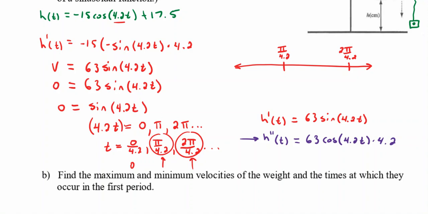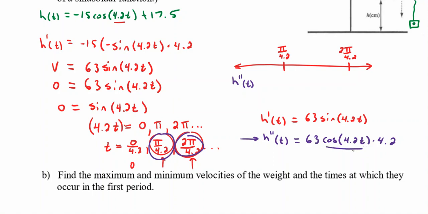So I'm going to throw these critical values into my second derivative. We'll write h double prime of t for these points. At pi over 4.2, if I threw in pi over 4.2 for t, that would just be pi, because 4.2 would cancel with 4.2.